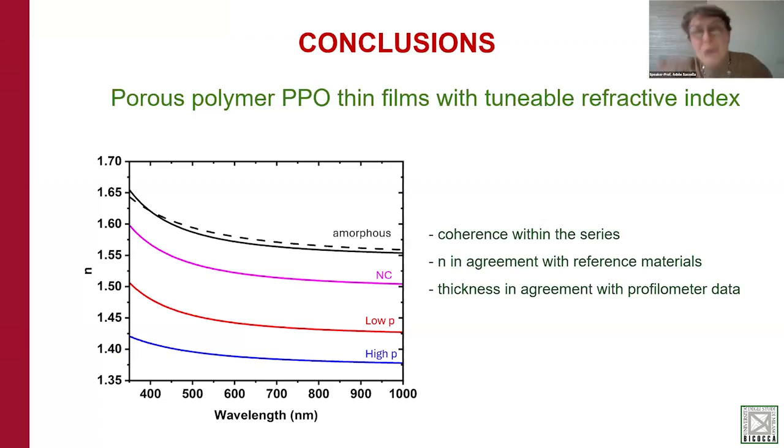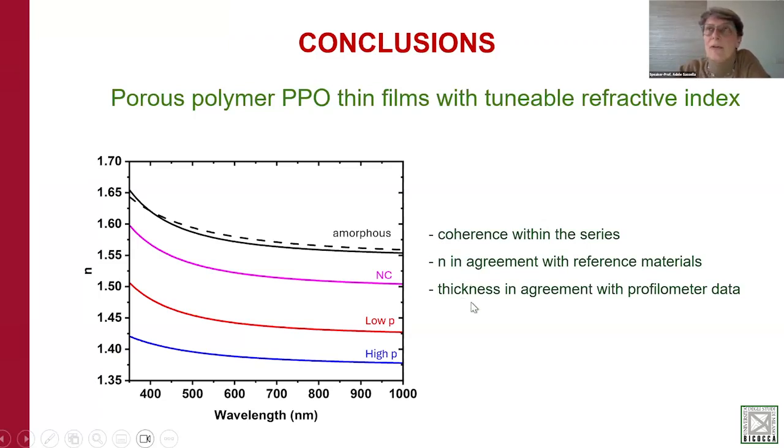I spoke about two kinds of porosity, which are their characteristics. This is the result in terms of refractive index, and we are happy about the coherence within the series. We are happy about the agreement for the amorphous, which took us some time and some work to understand properly and to work with.